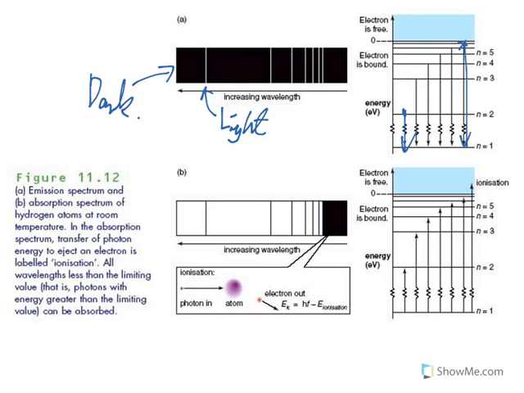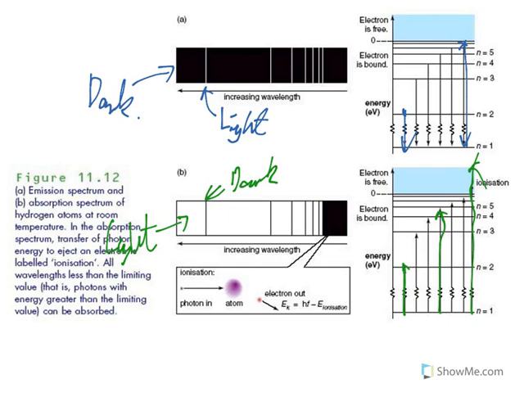You can see they're all down in their lower level, and then that could maybe get excited up to here, or it could get excited off altogether, or up to here. And then, because it's using that energy, you have these lines here that are dark, and all the rest of it, the white bit, is light, whatever colour that might be.